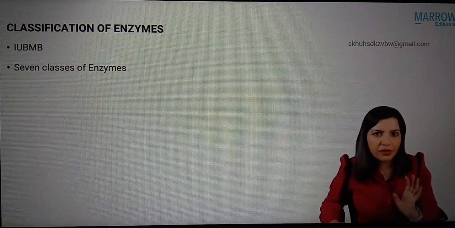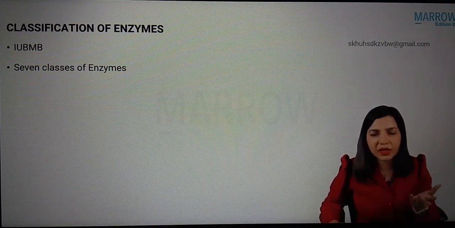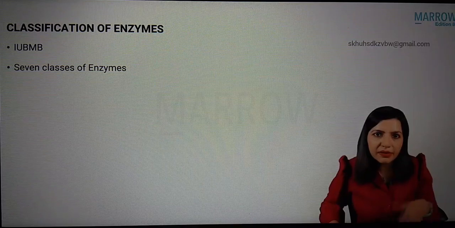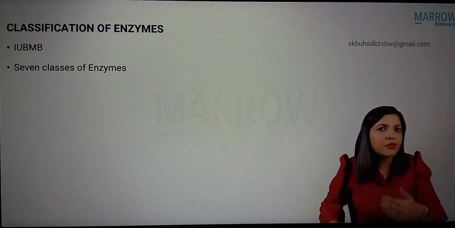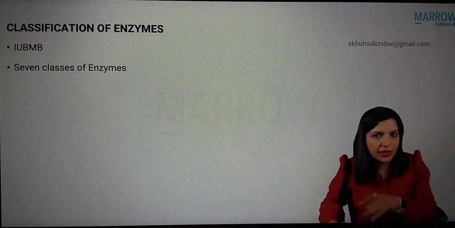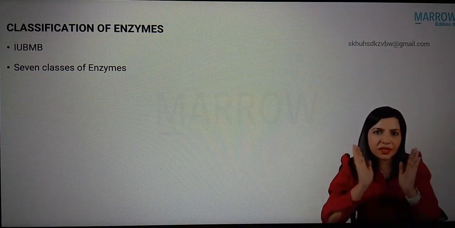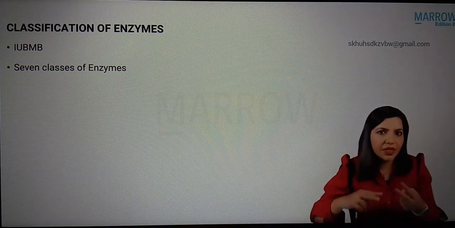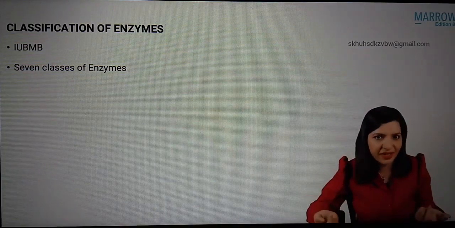Similarly, in the case of enzymes, for example, if I say galactosidase. Galactosidase is an enzyme which can remove galactose, but actually this galactose can be removed from various substrates. So the reaction, removal of galactose, is the same for these two enzymes, but actually they are acting on two different substrates, so they are two different enzymes.